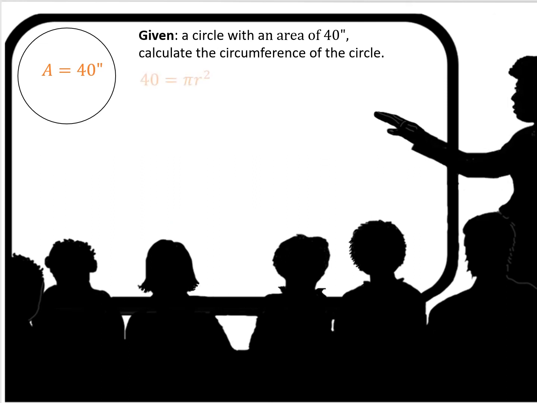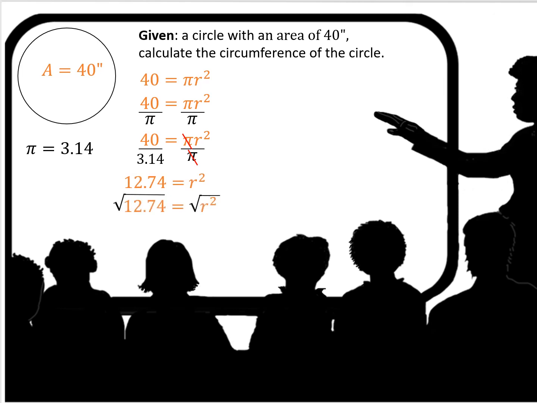Given a circle with an area of 40 inches, calculate the circumference of the circle. So we're going to take the formula for area, we're going to plug in the 40 inches, and what are we trying to do? We're trying to find the radius because we need the radius in order to use the formula for circumference. We find the radius to be the square root of 12.74, which is 3.57.